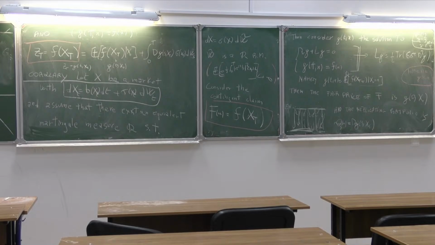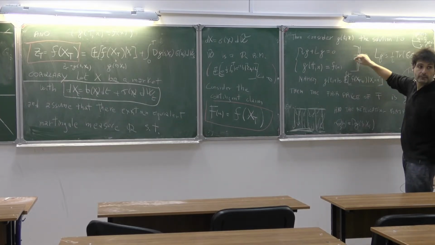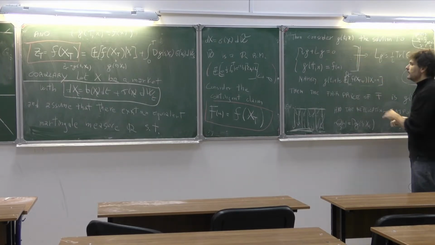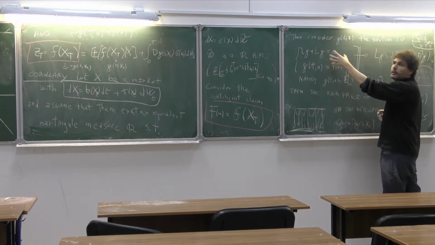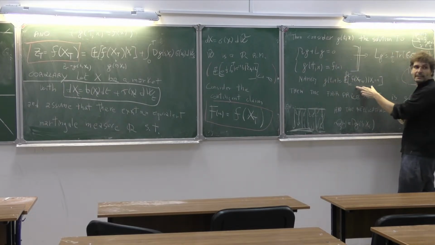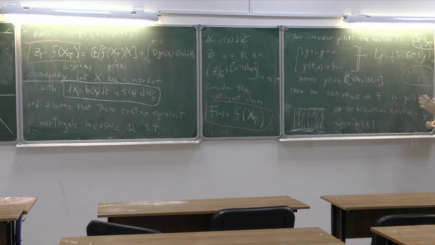So it is another way to get the same result. These two things are equivalent. You can think that this function solves this PDE, or that the solution to this PDE is represented as this expected value.